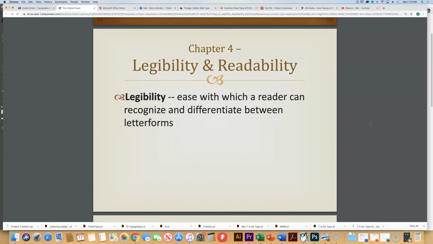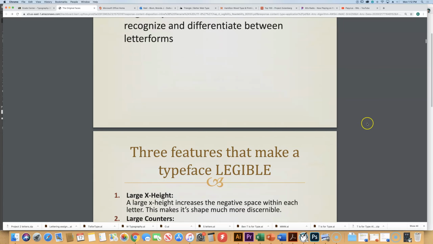If I tell you that something's written in Arial, and I ask, can you recognize a capital A from a letter J? What's your answer? Yes. If I give you some highly decorative black letter type, and I say one is a D and one is a J, might you have a harder time figuring it out? That's the legibility factor. So it's how easily you can recognize and differentiate the different letter forms.